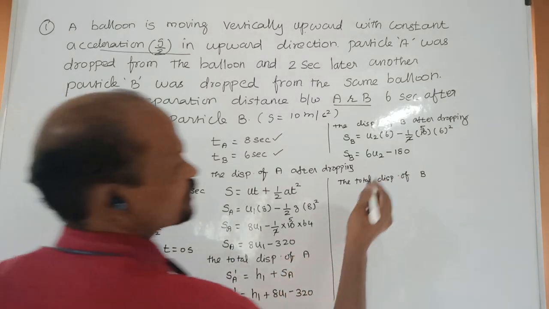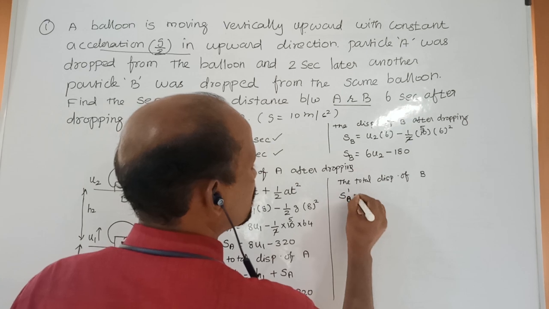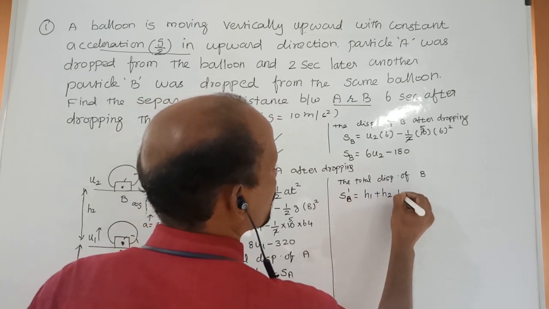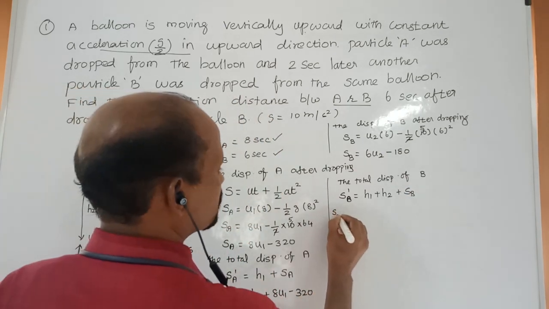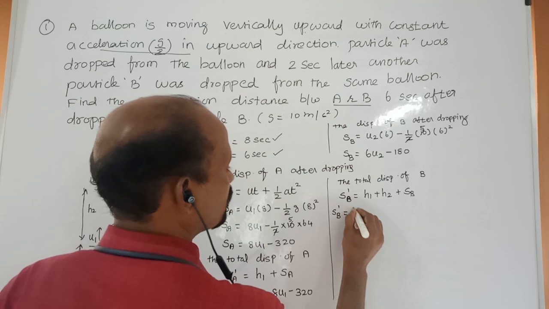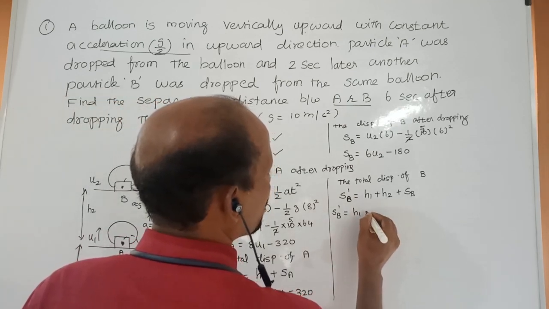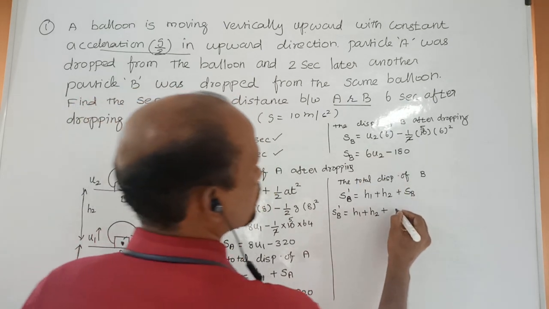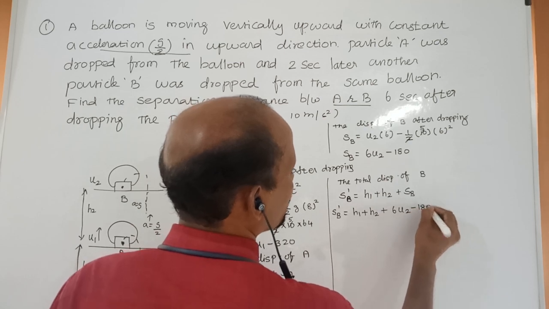So the total displacement of the particle, S_B dash, equals H1 plus H2 plus S_B. We know that S_B is 6u2 minus 180.